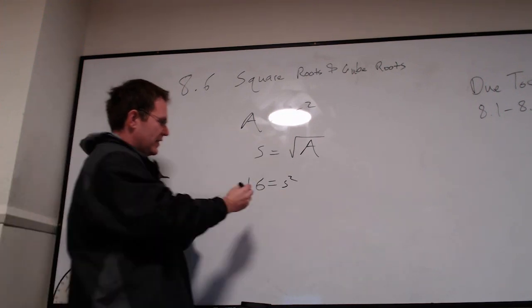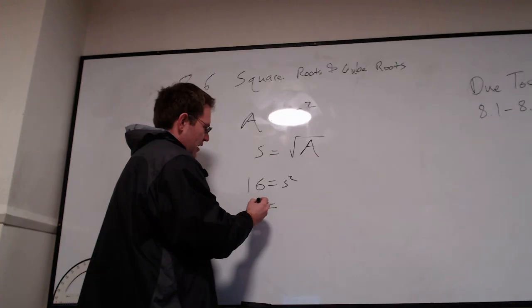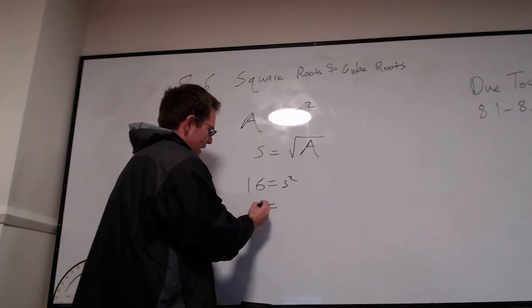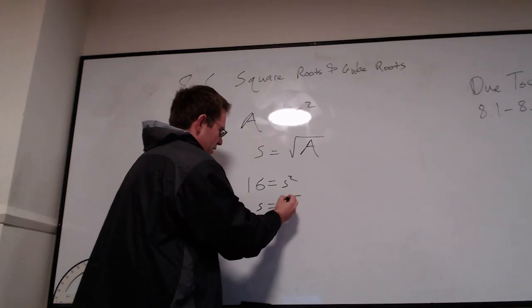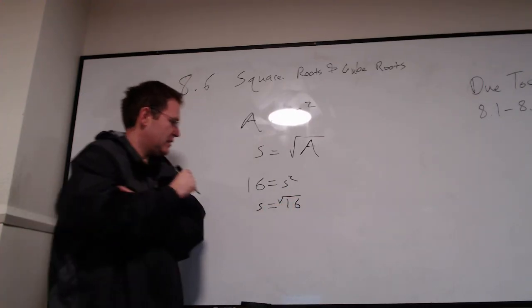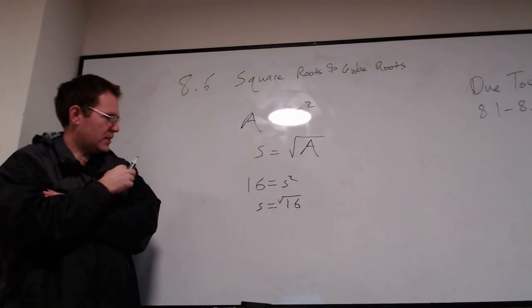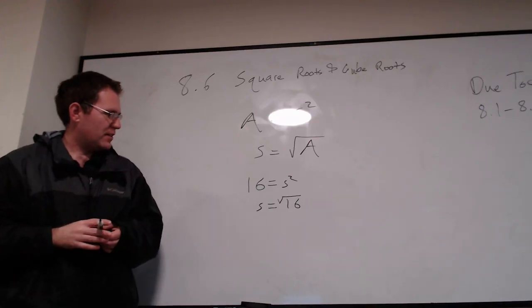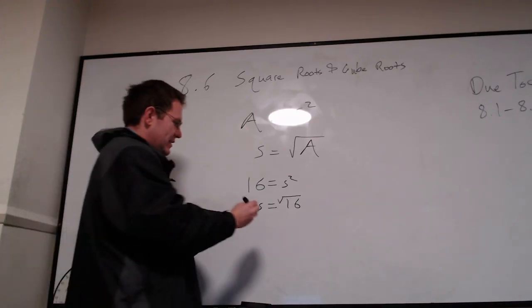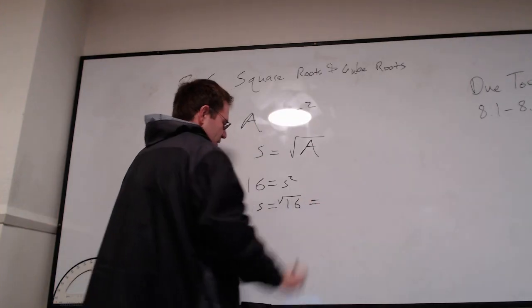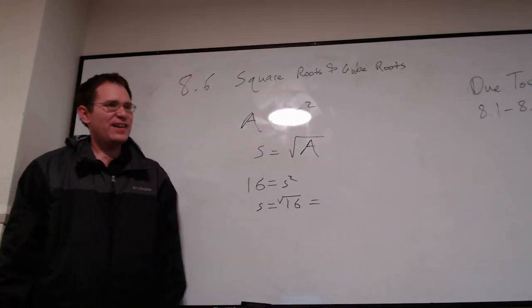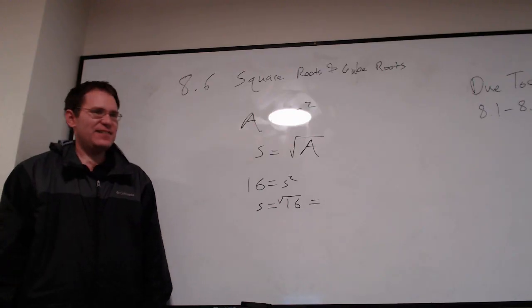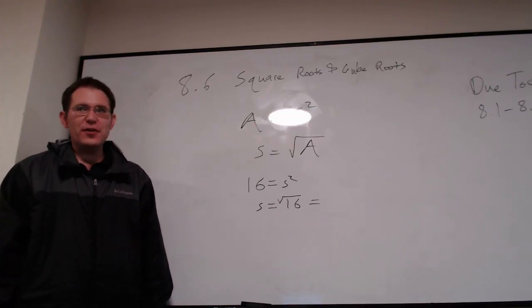That would work out to be the same thing as S, given our formula here, equals the square root of 16. Anyone know what the square root of 16 is? 4. Is it just 4?